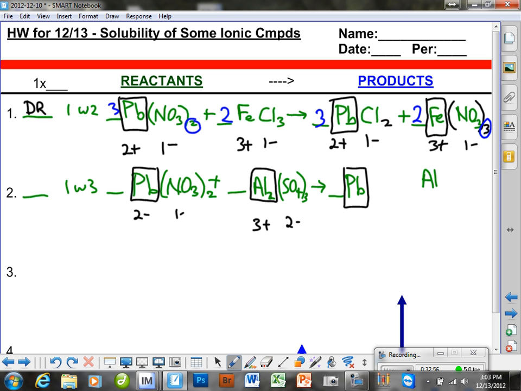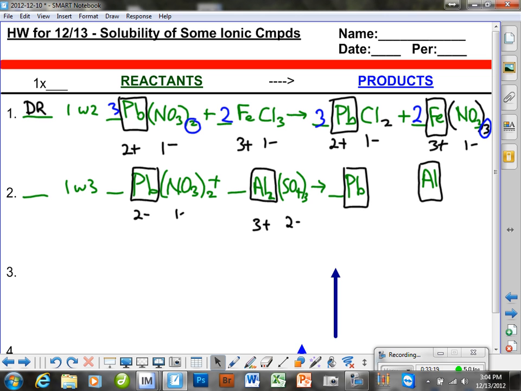And just for this exercise, you won't do this forever, box your cations, your positive ions. Those guys will stand out for you when you're doing your switch partners, because the partners you're going to switch are the anions. Your anions are, in this one, the sulfate and the nitrate.